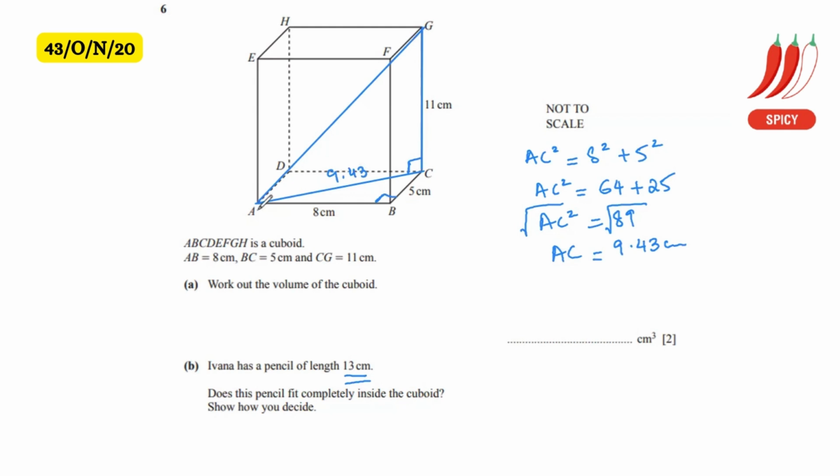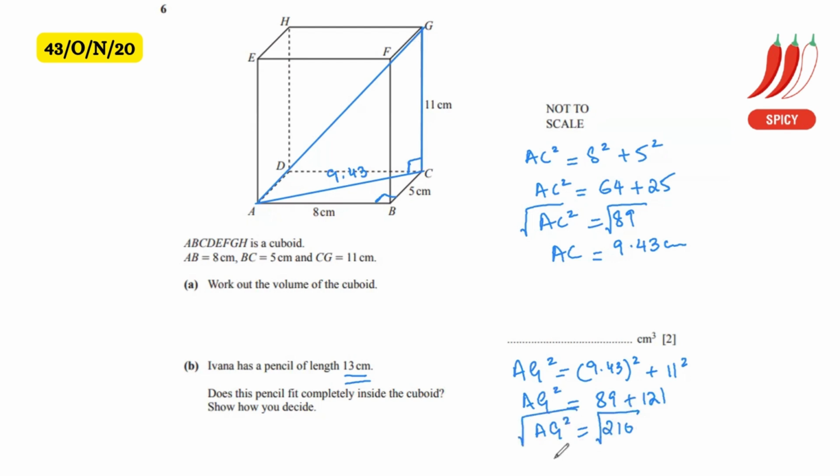Now, AG squared would be 9.43 squared plus 11 squared, which is 89 plus 121, 210.